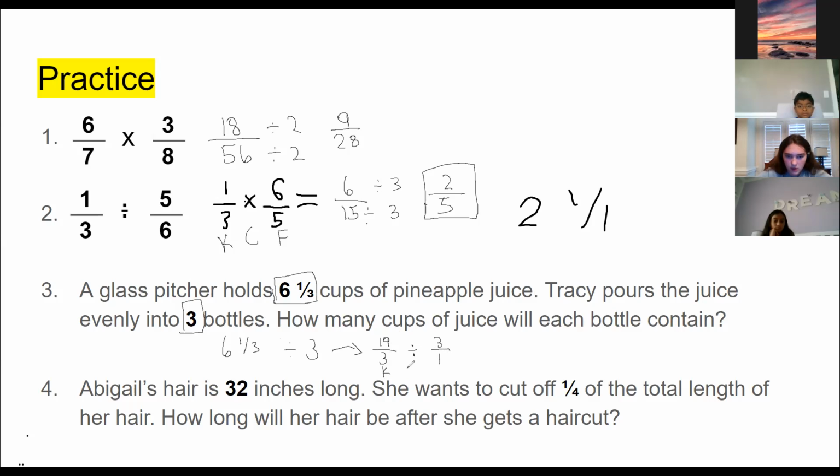And then we can keep, change, flip. So we keep 19 over 3, change, and then flip 3 over 1 to 1/3. So that will give us 19 over 9 times 3, which is 27. And I think that's simplified all the way down. So 19/27, I think, is the answer.